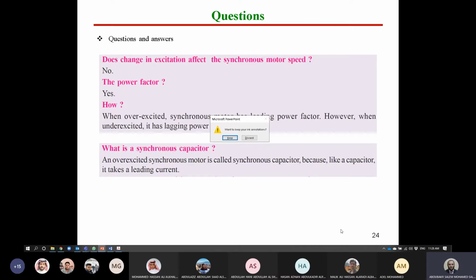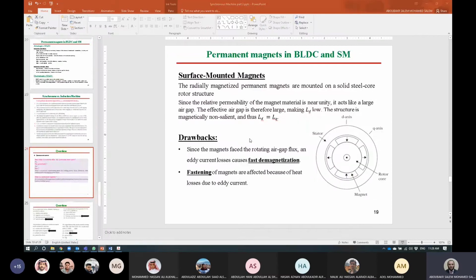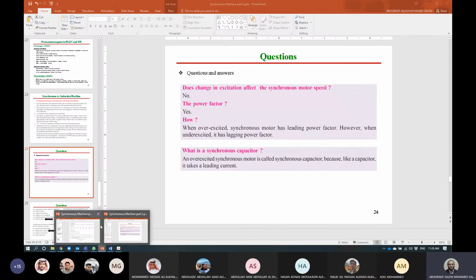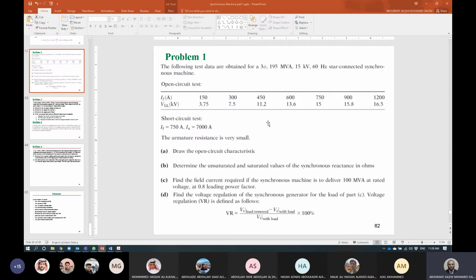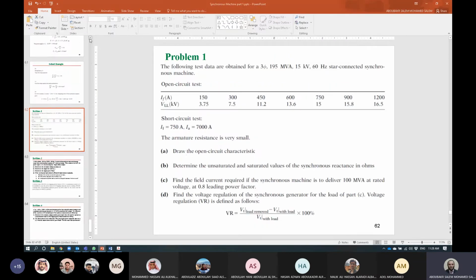So I will leave this part now and start the other part, which is related to the dynamics of the synchronous machine.